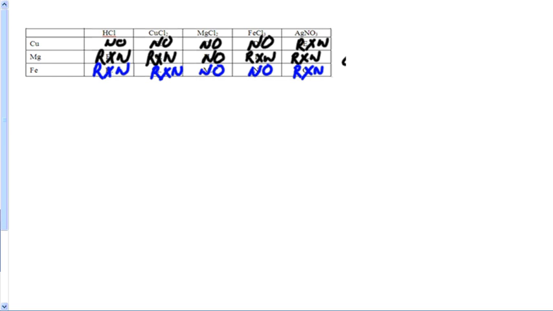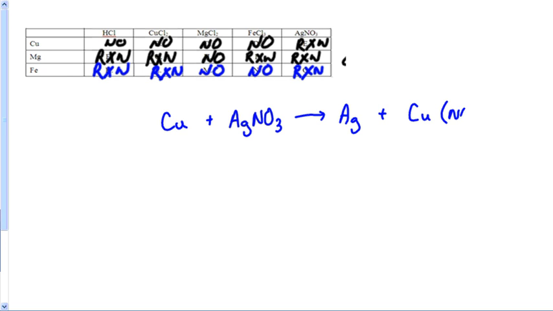But all the ones that were supposed to react, if you can take it one step further: Cu plus AgNO3 makes Ag plus CuNO3 2. And again, I did that because I'm a plus and minus kind of guy.